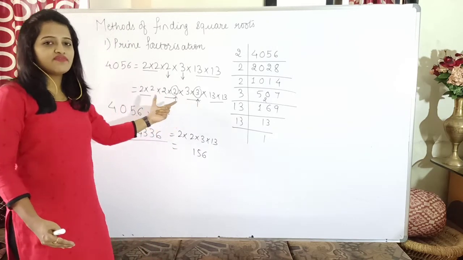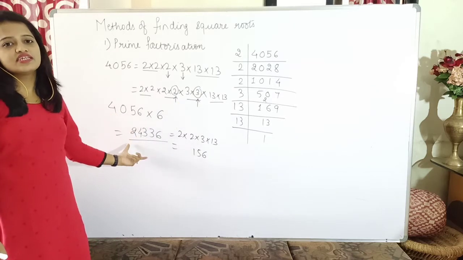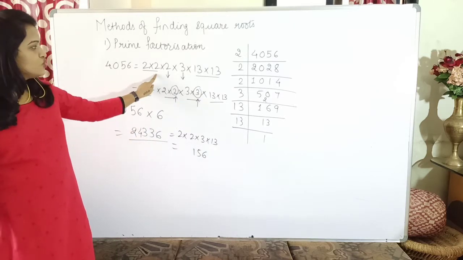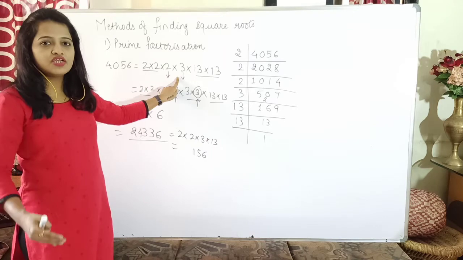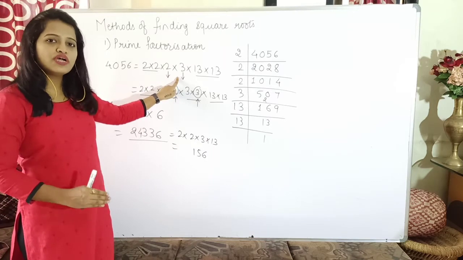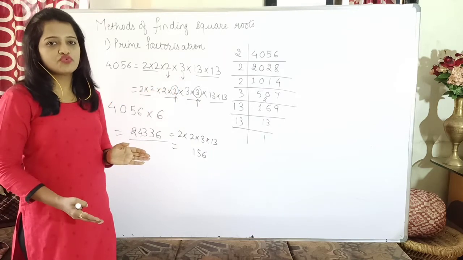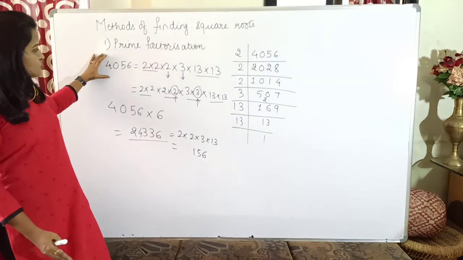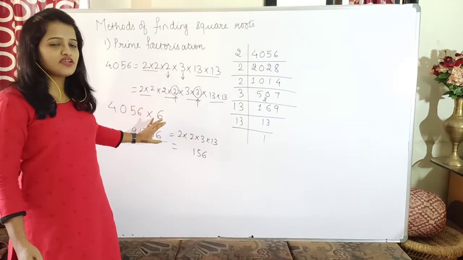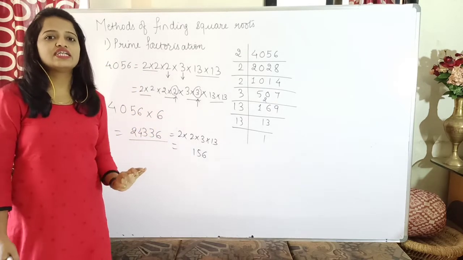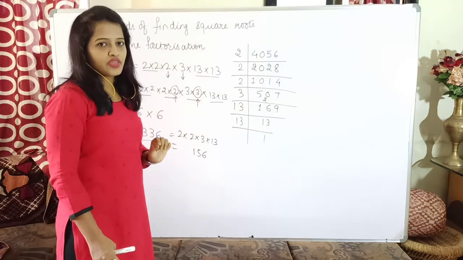If you multiply that number with the given number, you will get a perfect square. Here 2 and 3 were not having their pair, so I have multiplied with 2 and 3, and since the multiplication of 2 and 3 is 6, if 4056 is multiplied with 6, the number I get will definitely be a perfect square.